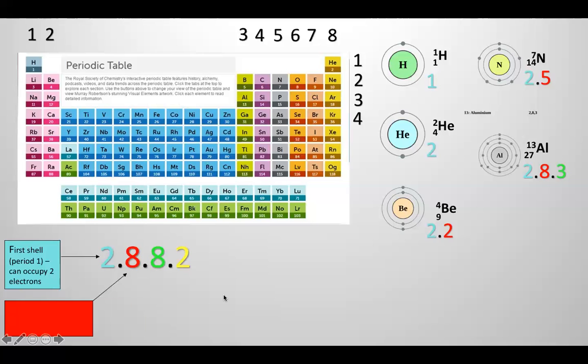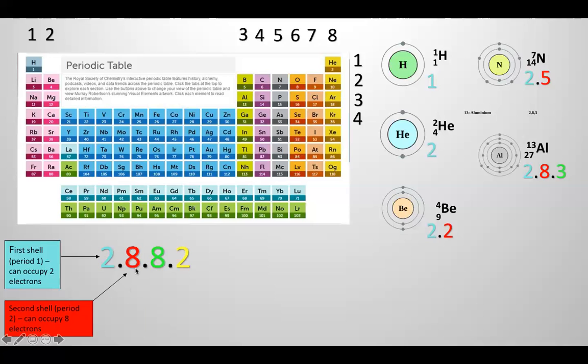Okay, so next we fill up the second subshell, which is filled up to a maximum capacity of 8. And guys, you have to have filled the first subshell. So this has to be 2 before you can think about putting any number in this one, okay?